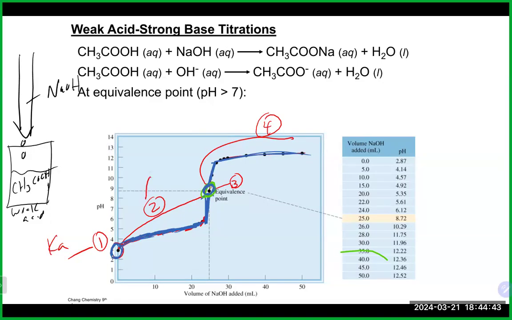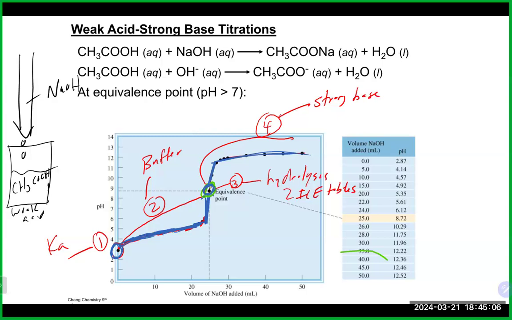The second part is basically a buffer problem that requires at least one ice table and the Henderson-Hasselbalch equation. At part 3, at the equivalence point, it's a hydrolysis problem, which requires two ice tables. And after the equivalence point, it's a strong base problem.